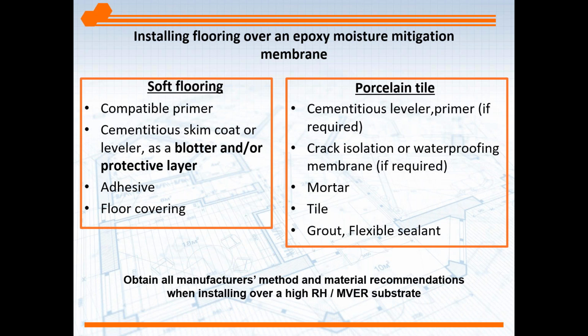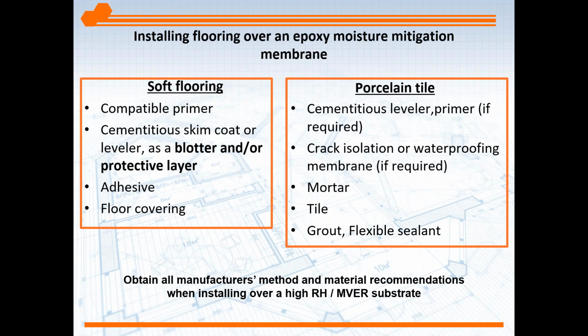In the case of tile, you may need a leveler plus a primer, and if required, a specified crack isolation or waterproofing mortar, tile, and a flexible sealant for the joints. So again, left and right there, what I'm showing are just a quick synopsis of what's going to be installed after the mitigation membrane.